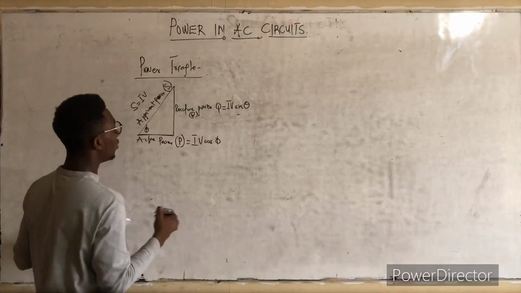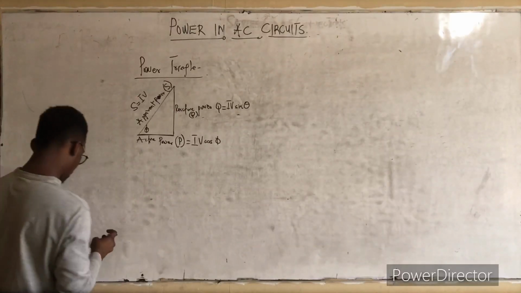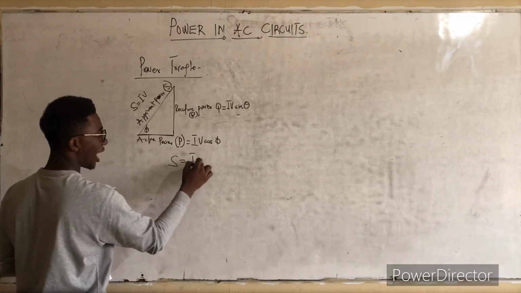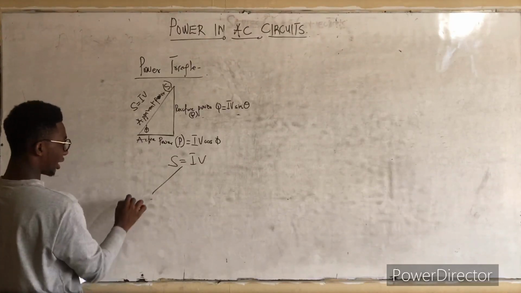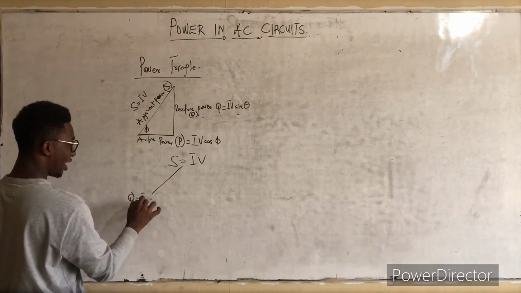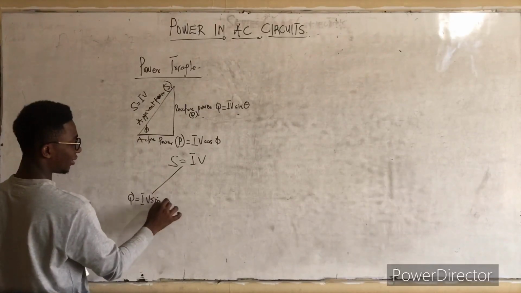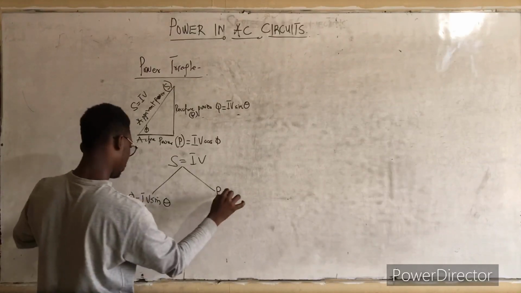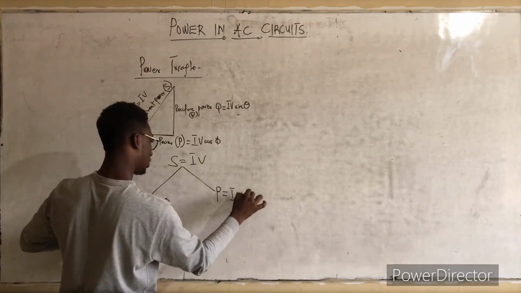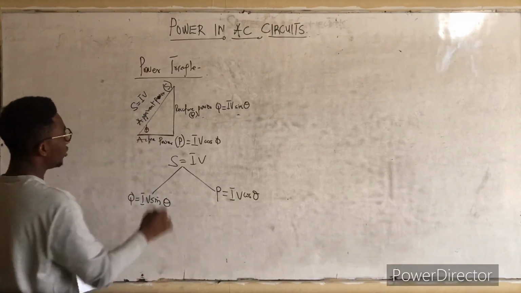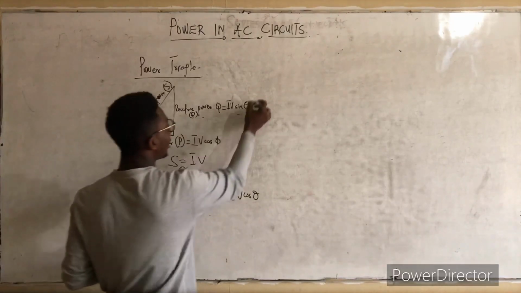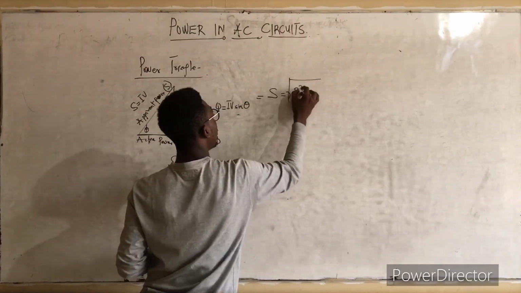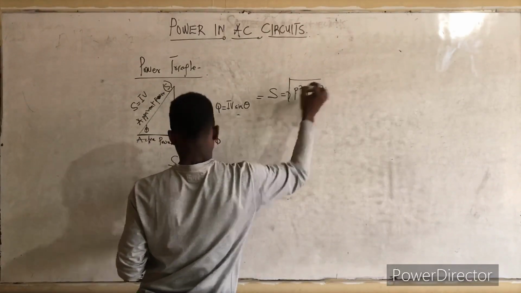So S is equal to IV, we have the reactive power, which is IV sine theta, and we have the normal power, which is IV cos theta. If you check the power triangle, from Pythagoras, S is equal to the square root of P squared plus Q squared.